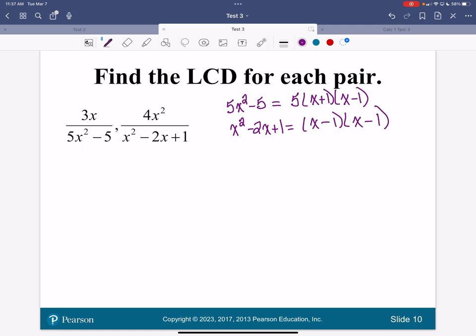The second one is a perfect square trinomial. The first one is difference of perfect squares, so make sure you factor those completely.